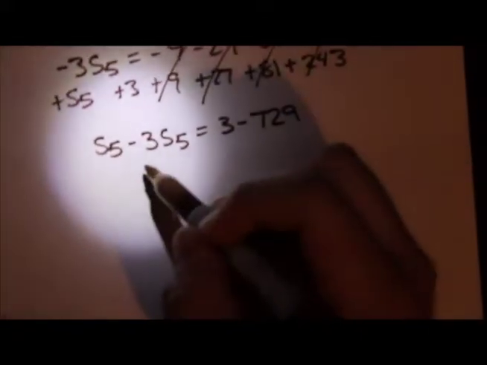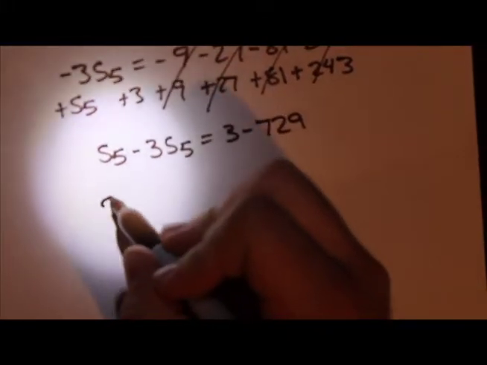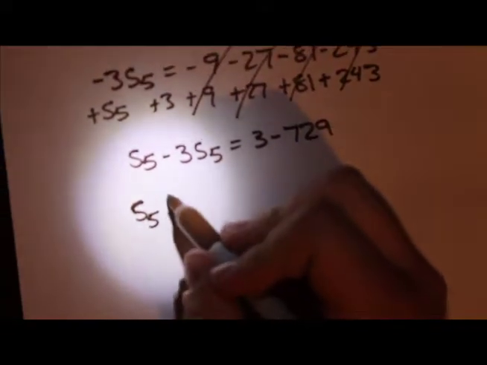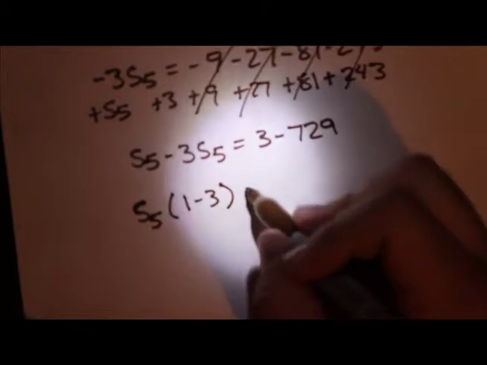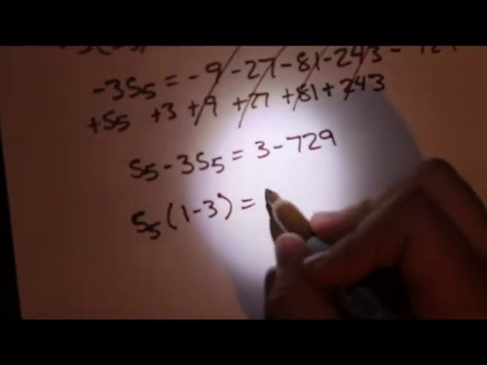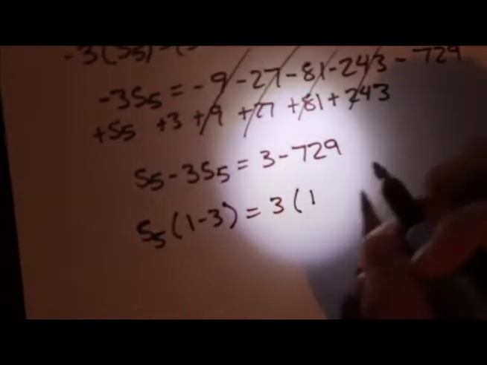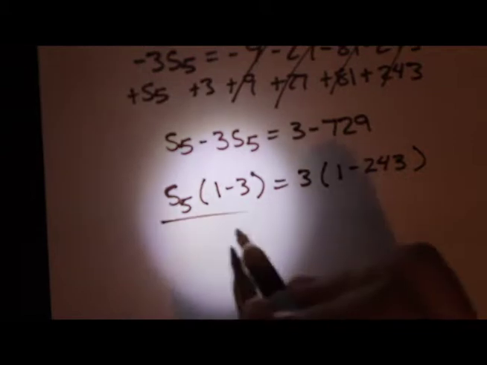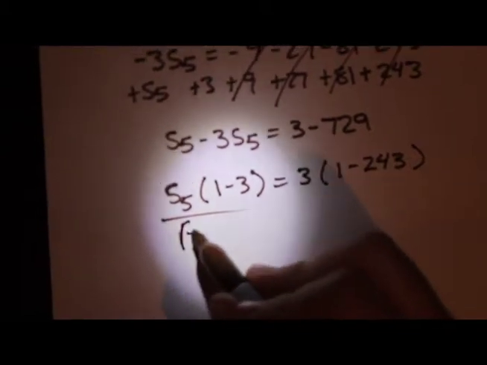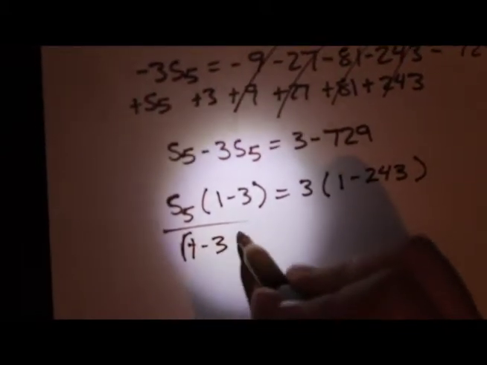Now, on this side, you factor out an S5. It becomes 1 minus 3. And on the other side, you factor out a 3. So it becomes 1 minus 243. Now you're going to subtract. Not subtract. Divide, sorry.